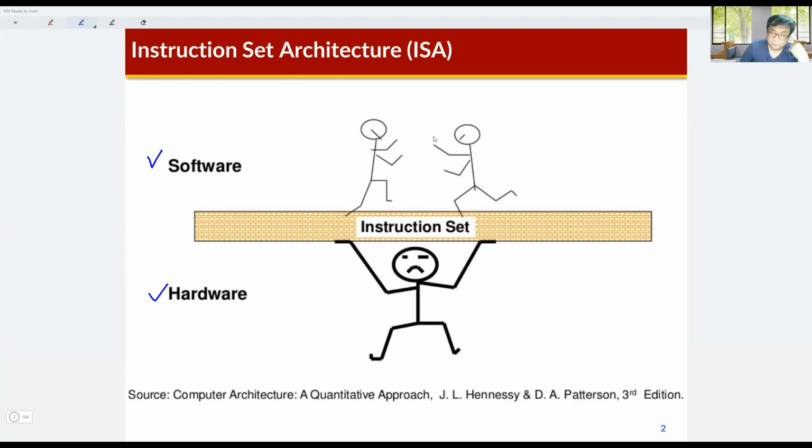This figure shows the relation between software, hardware, and instruction set architecture. The software is like two people playing on the plate of the instruction set, and the hardware is lifting up the plate of the instruction set.